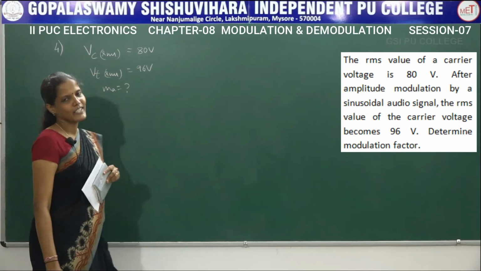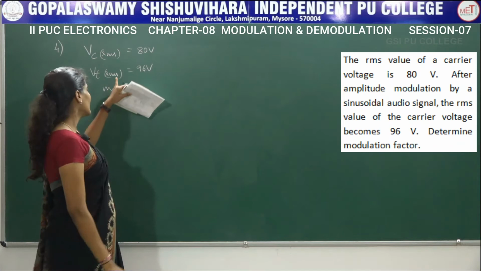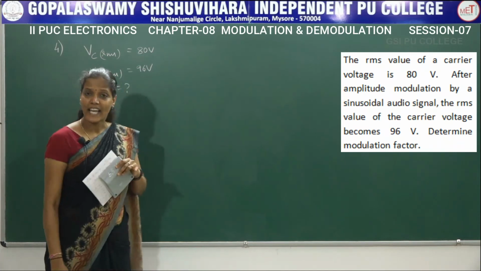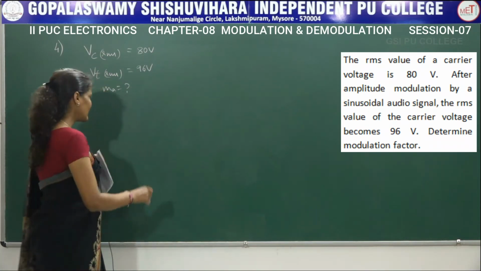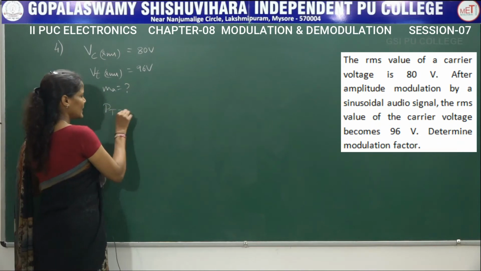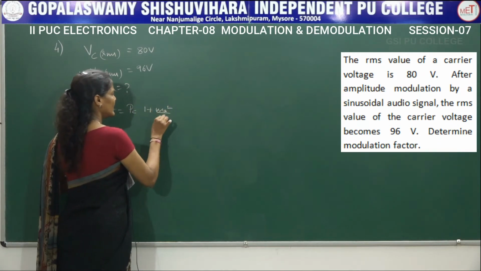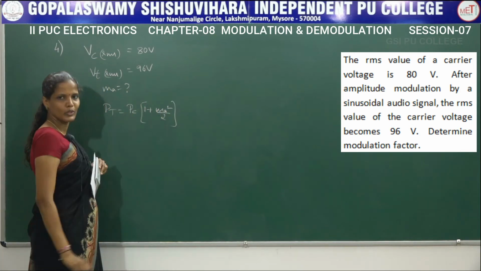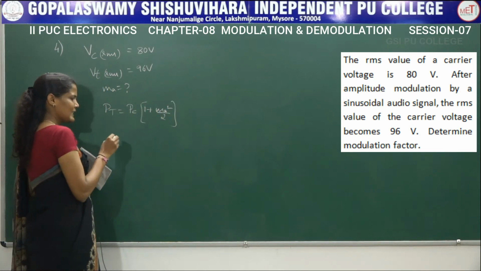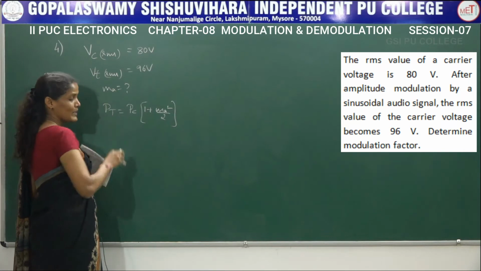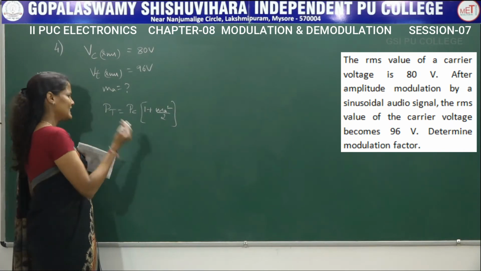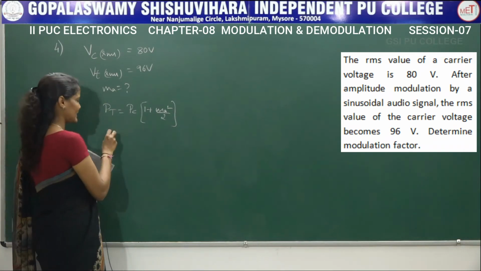You have to find out the value of MA for the given RMS values of VC and VT. We have this power relation PT equals PC of 1 plus MA square divided by 2. So let us try to write the RMS formulas for this and see what happens.